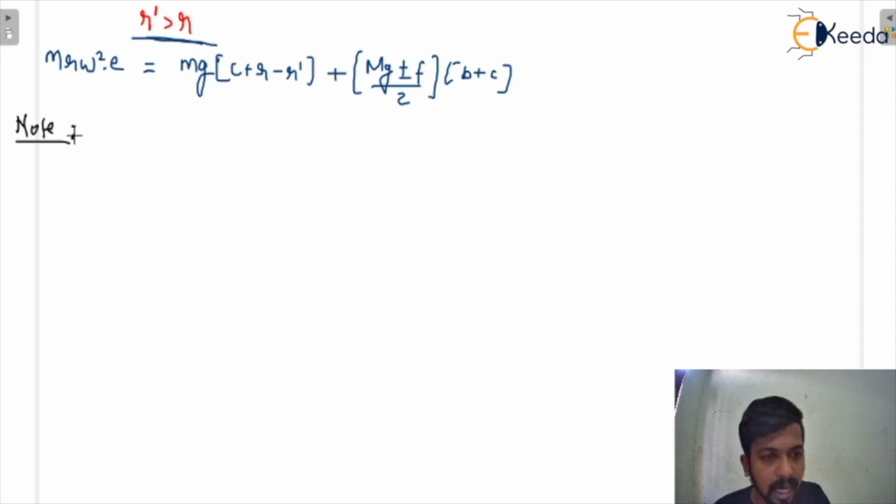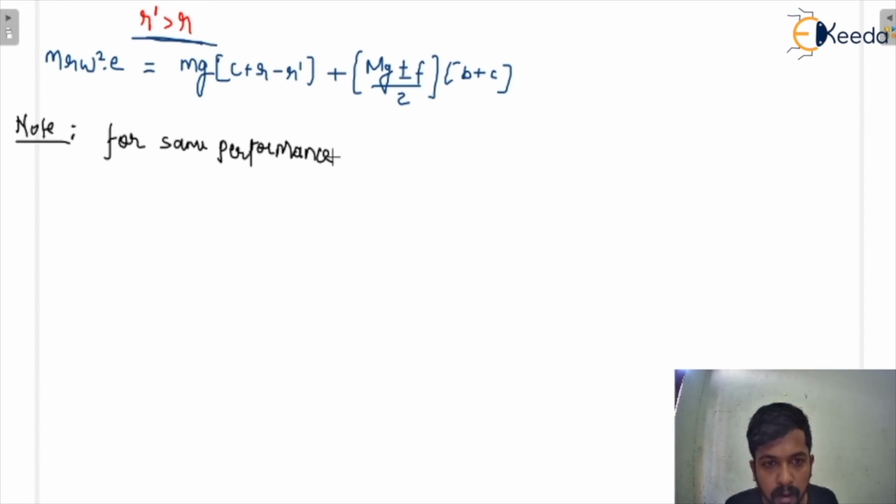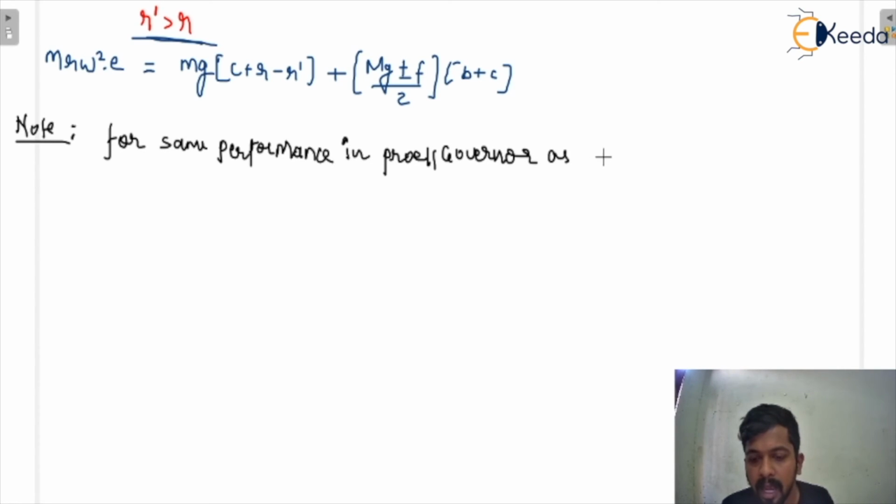So I'm just writing here, you just have to put it down, that for the same performance in the Powell governor as earlier obtained in the Porter governor.